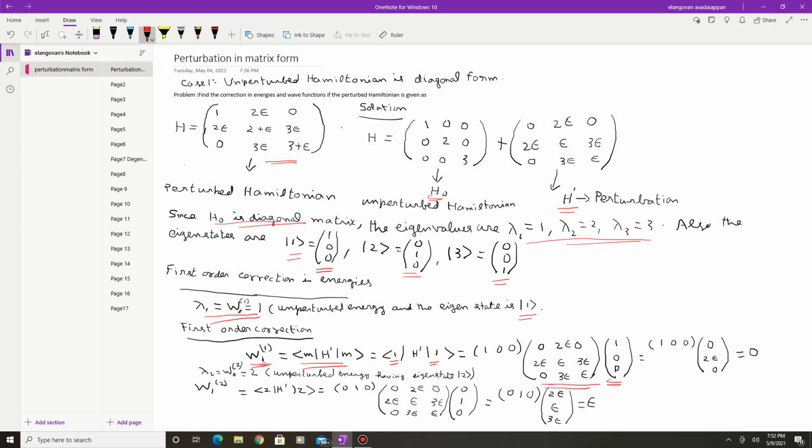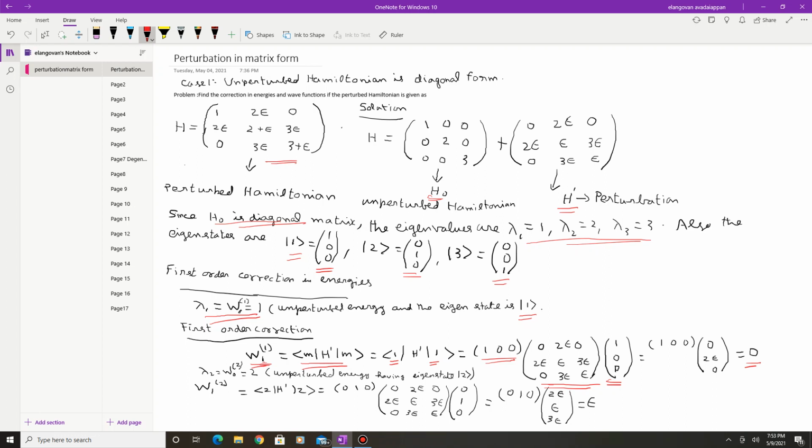Then the ket is just its conjugate, so this is a column vector and the bra will be a row vector. If you multiply, you find this value is 0. So that means the first order correction energy is 0.